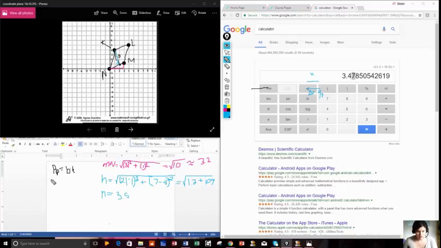Okay, so then we have the area of our parallelogram is going to equal 3.2 times 3.5.